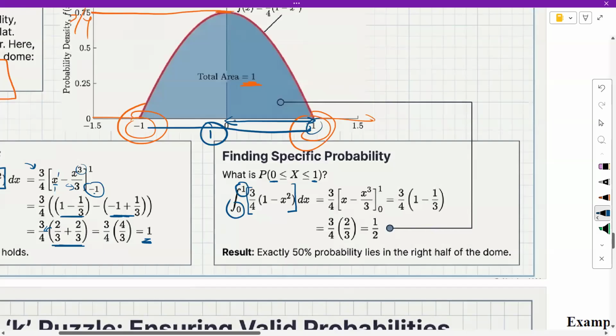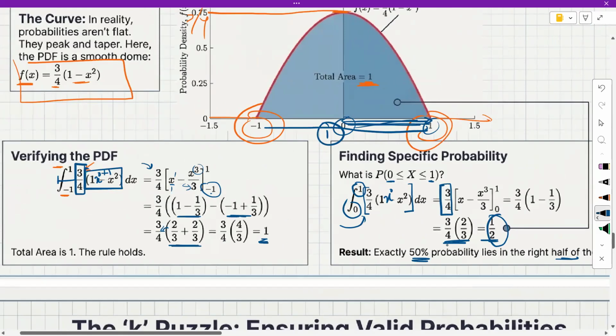First we find the primitive, the antiderivative form, bringing the constant k outside. If we substitute, we get 1 over 2. So the area under this curve in the range 0 to 1 is 1/2. Exactly 50% of the probability lies on the right half of the dome.